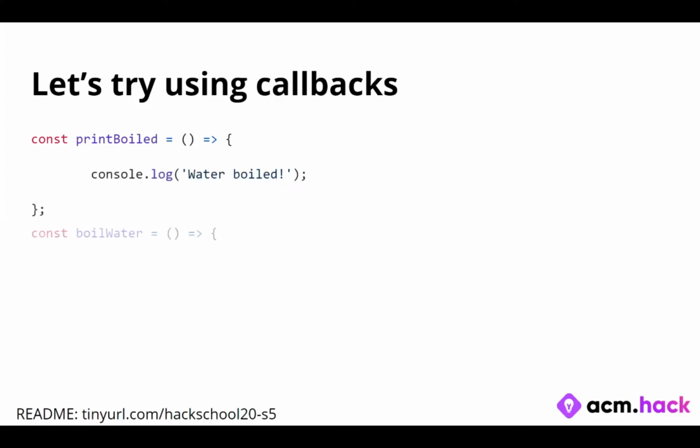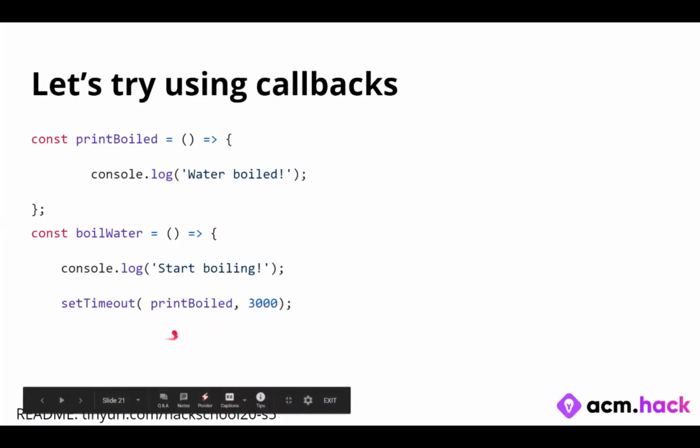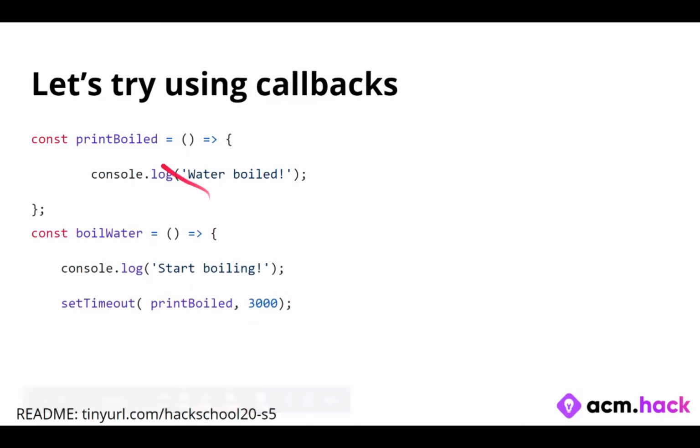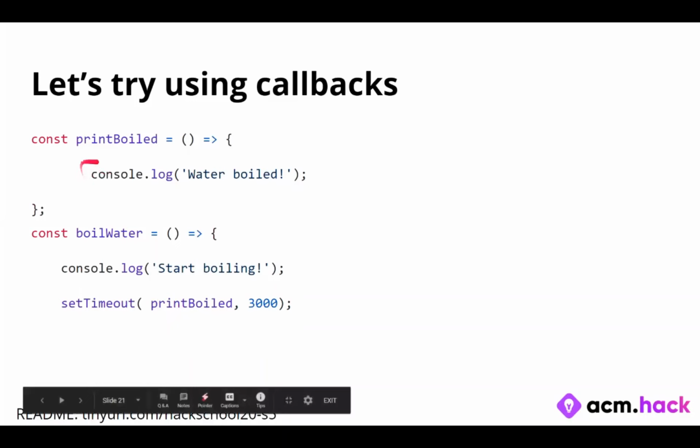And then we need to make changes to our boil water function now. The first part of the boil water function is the same. We just tell ourselves, yes, let's start boiling the water. And then we can set a timeout. The second parameter is still 3,000 milliseconds, and we pass print boiled. So we call print boiled after 3,000 milliseconds, and it prints water boiled.